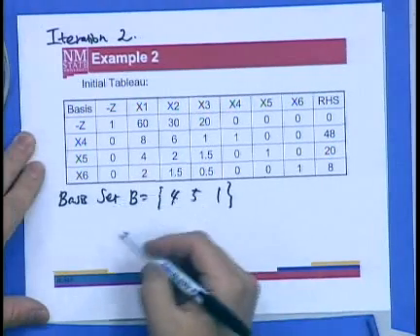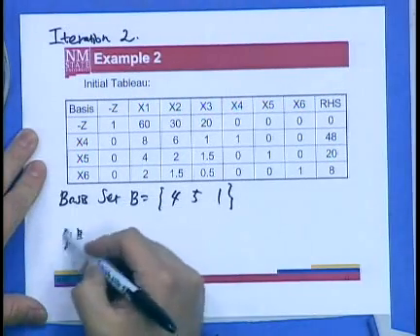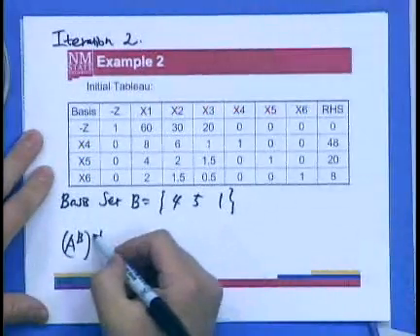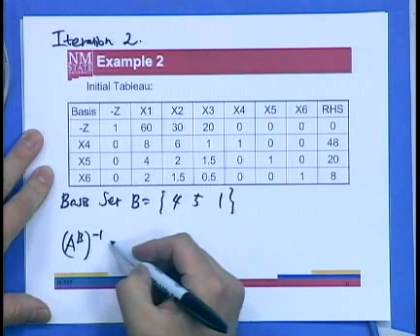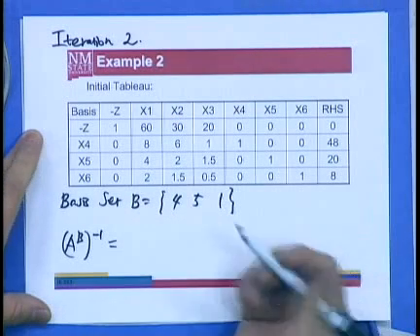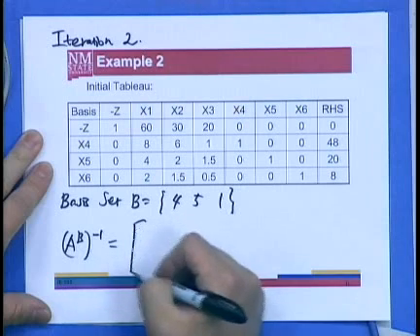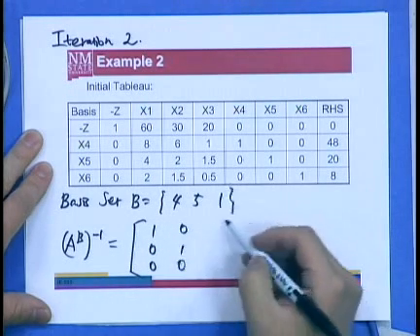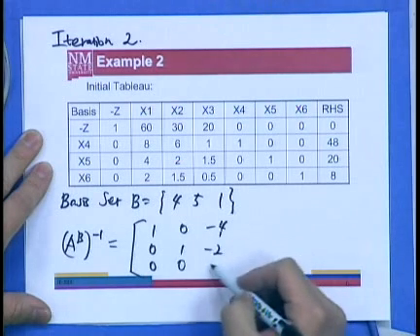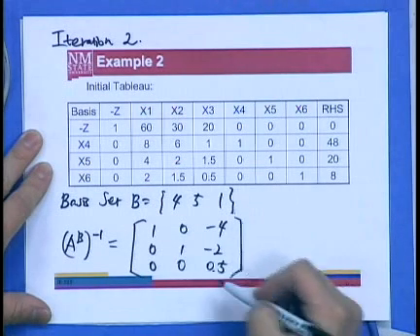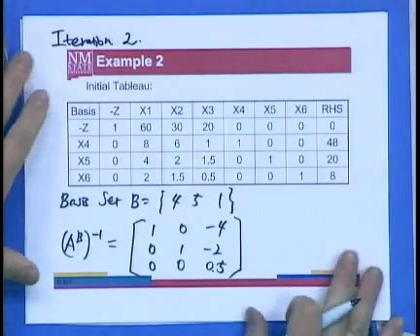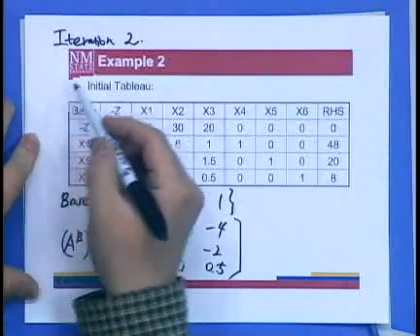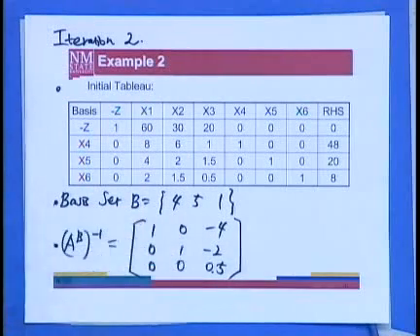The new basis inverse matrix, A superscript B -1, is a 3 by 3 matrix, right? 1, 0, 0, 0, 1, 0, -4, -2, and 0.5, right? Okay, so we have started iteration number 2 with this 3 information, right?